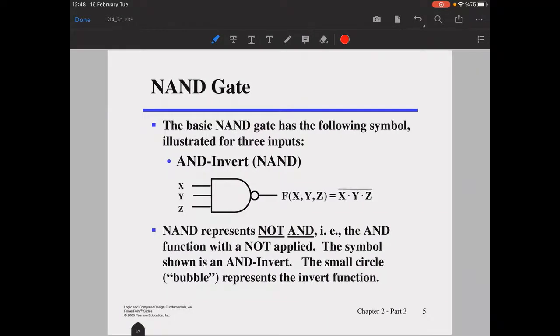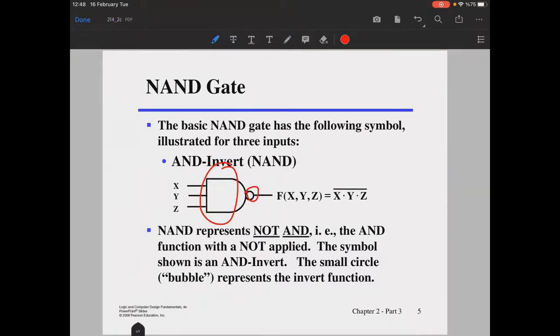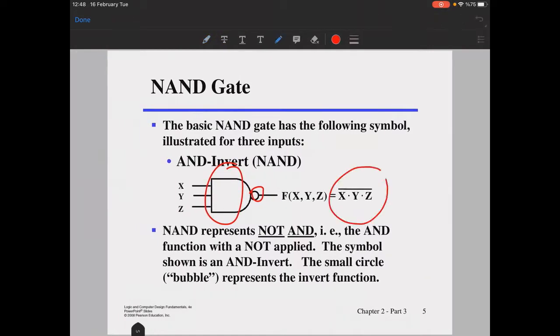And the basic NAND gate, these are your primitive gates as well, and it has the following symbol like this, and an inverter here, an invert symbol. What we do here is in fact just the AND gate, but there's an inverter in the end. So it can also be represented by De Morgan in another way.